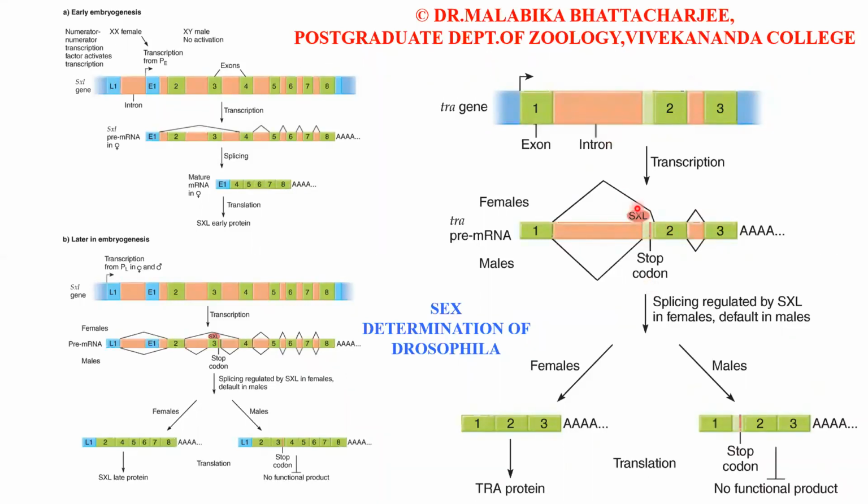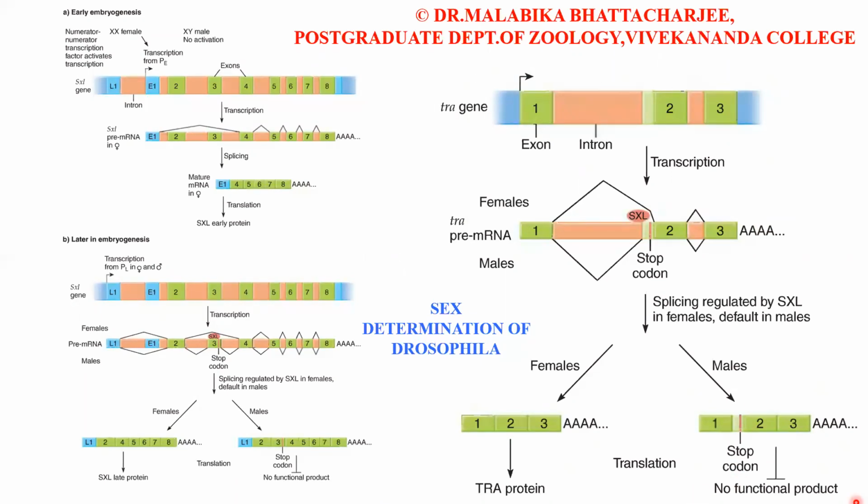So there we are having this TRA pre-mRNA, and in presence of the SXL late protein, this splicing mechanism is regulated in females, as a result of which this stop codon is efficiently removed and we are getting the TRA protein. But as you can see, in case of males, the splicing occurs as a default and this stretch remains, giving no functional product.